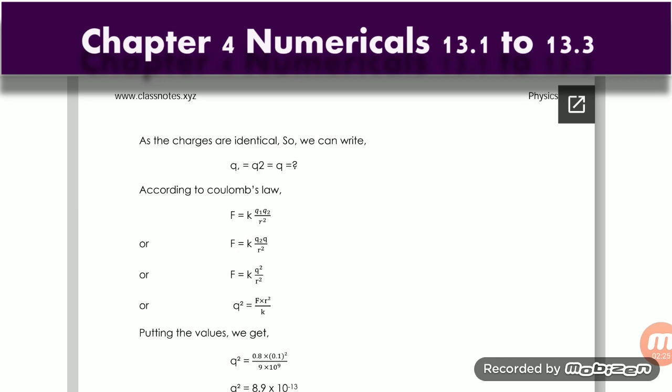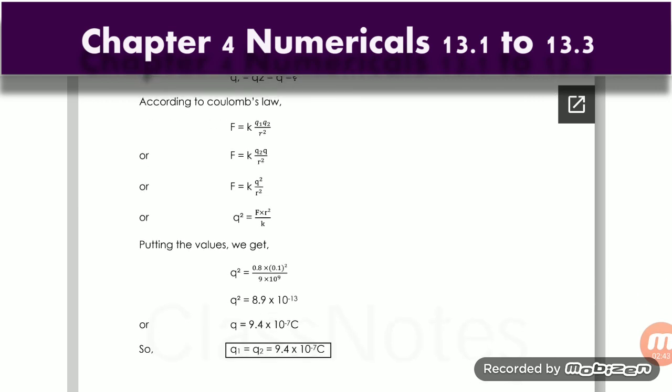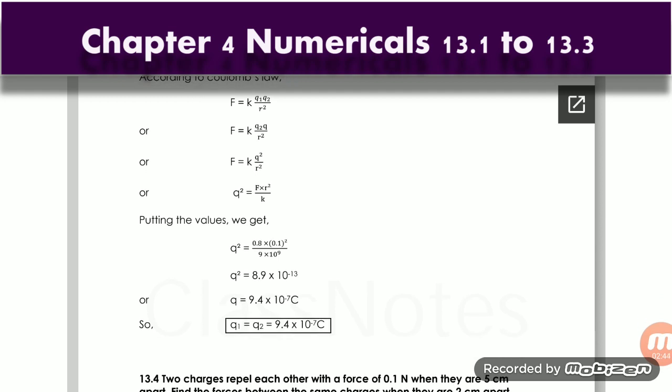Now K is multiplying Q square, so when it goes to the other side it gets divided. The equation becomes Q square is equal to F multiplied by r square over K, which is Coulomb's constant.